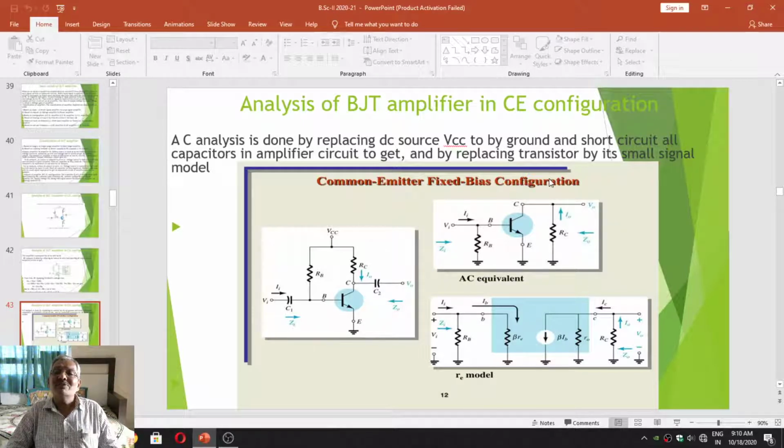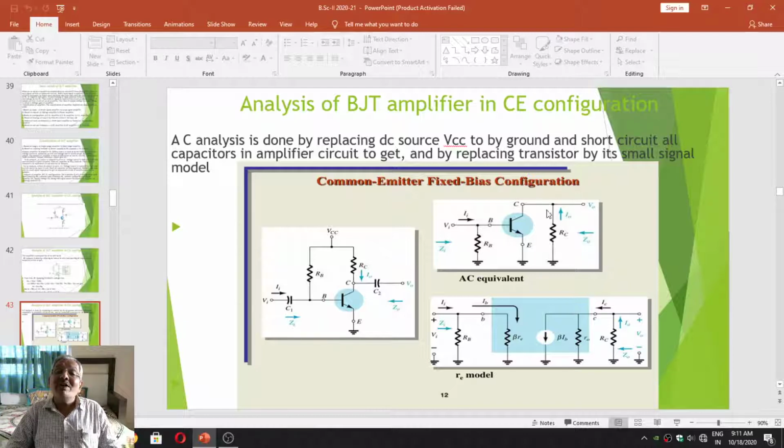VCC is removed, capacitors are short circuited. Look here, whatever resistance is there, it is grounded because of short circuiting of VCC to the ground. So by that process, we have obtained the AC equivalent circuit of the BJT.